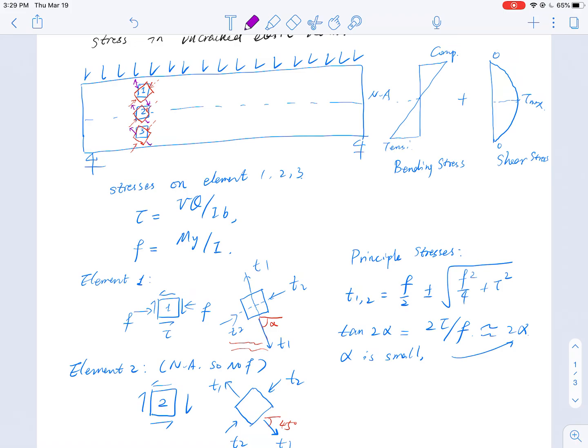Okay, so observing these dashed lines, I'm going to draw out all these principal stress directions on the beam. And when I draw them out, actually I will see this kind of distribution. Purple again, this is tension.